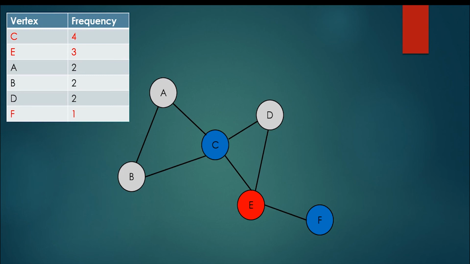And in the next step, we continue our algorithm with the next most frequent node, and it is the E. So we give the color, for example, red, and we keep iterating through the list again and check whether we can reuse this red color.